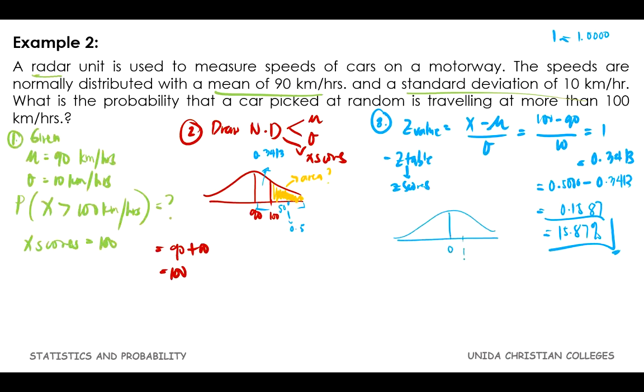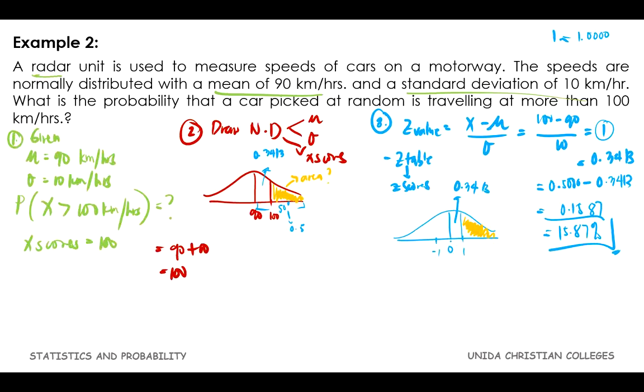Pag dinrawing natin yan into standard normal distribution, -1, dahil 1 yung nakuha natin z value. So, dito, class. Meaning, ang hinahanap natin na area ay ito. Okay? Nakakuha po. So, ibig sabihin, yung 1 na 0.3413, ito yun, class.